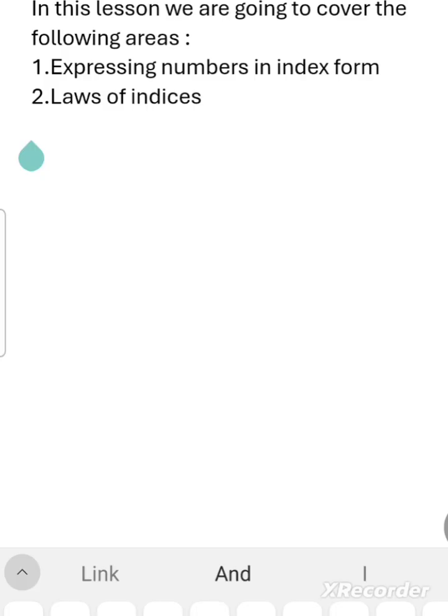Then number two, we will look at the laws of indices. So we normally have the three laws of indices. We are going to discuss them in detail. So I welcome you as we try to simplify this area.